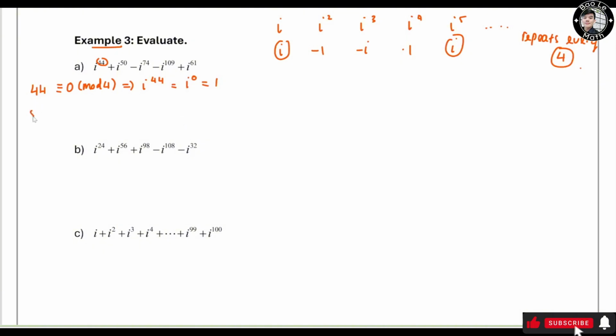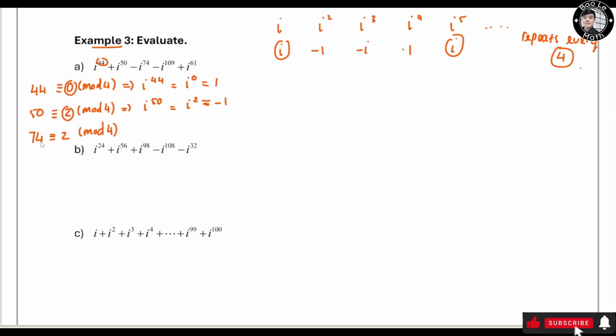Next one, 50 divided by 4, you get 2 as the remainder, right? So i to the 50 equals i squared, right here. And it's going to be negative 1. Now 74 is congruent to 2 mod 4, right?